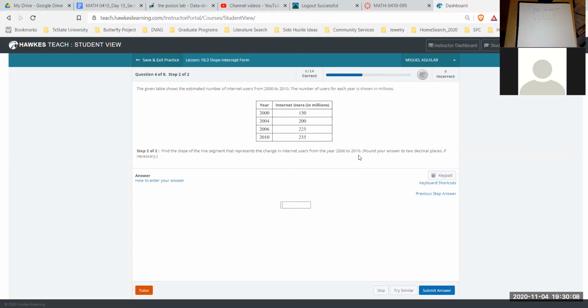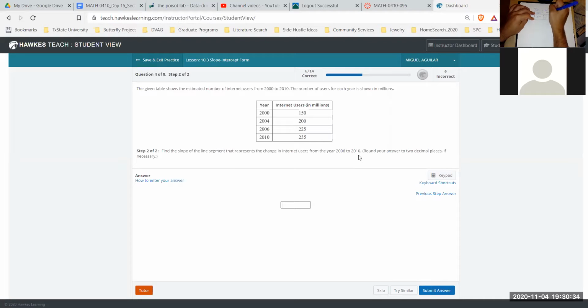And all they're asking us about is finding the slope that represents the change in internet users from 2006 to 2010. So we just need the data for 2006 and 2010. And since these are like ordered pairs, all I need is 2 sets of ordered pairs in order to find the slope of the line segment between those 2 points.